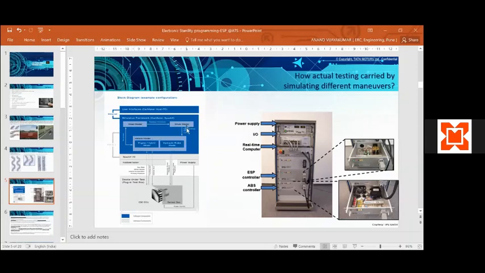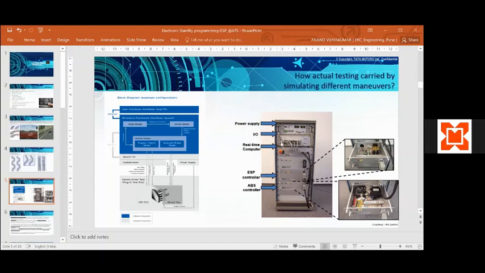Within the simulated framework, you will find a vehicle model, a driver model, and a road model as well. These are software modules which are configured or parameterized for particular intended maneuvers.